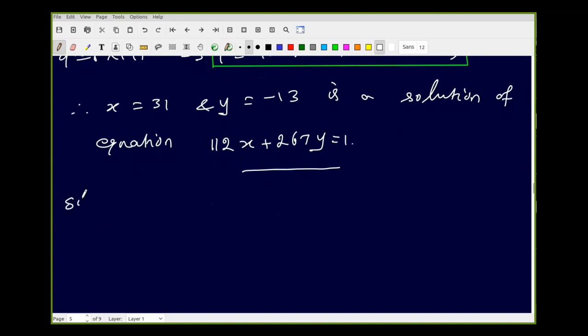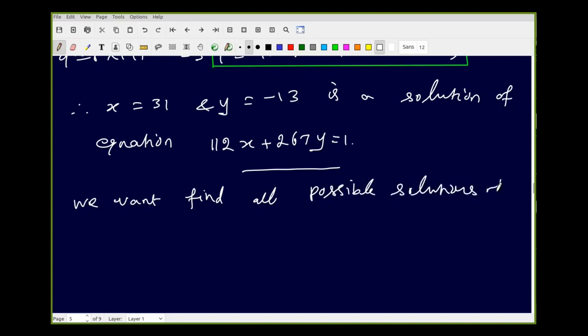Suppose we want to find all possible solutions of ax plus by equal to g.